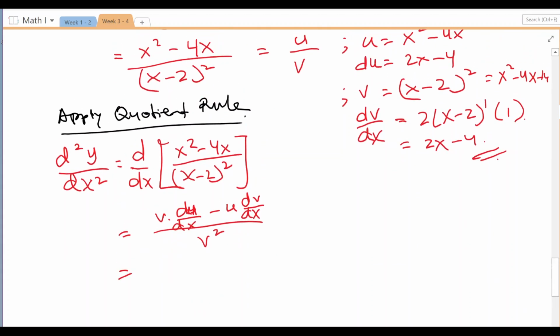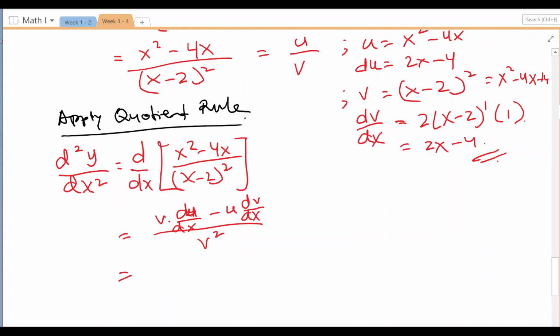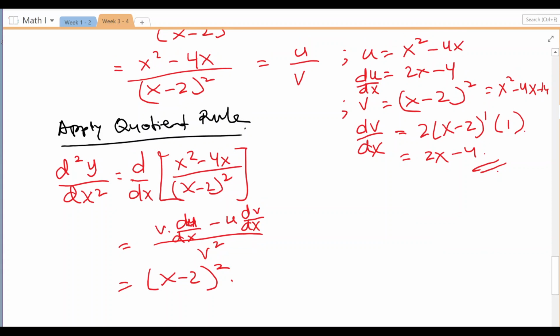Our new v is written there on the top right, (x − 2)², times du/dx, which is 2x − 4.